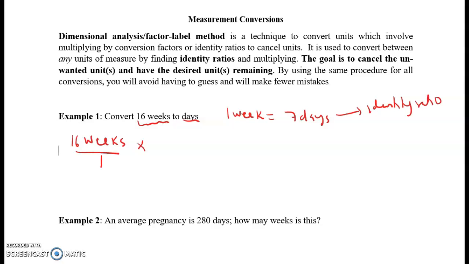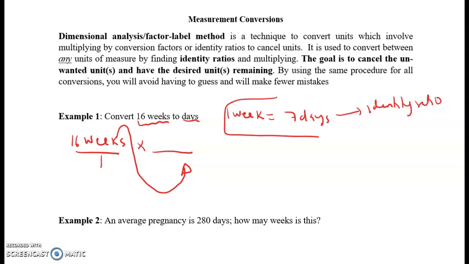Here we are not interested in weeks; we want to have a unit in days. So weeks have to be in opposition. Since we have weeks at the top of this fraction, we should have weeks at the bottom of the next fraction to be able to cancel out.